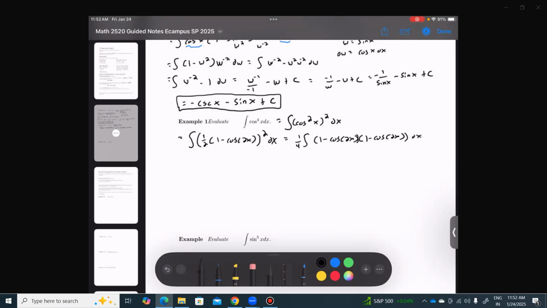So now we'll FOIL. So 1 times 1 is 1. Then there's cosine 2x, and cosine 2x twice is 2 cosine 2x. And then positive cosine squared 2x, dx.